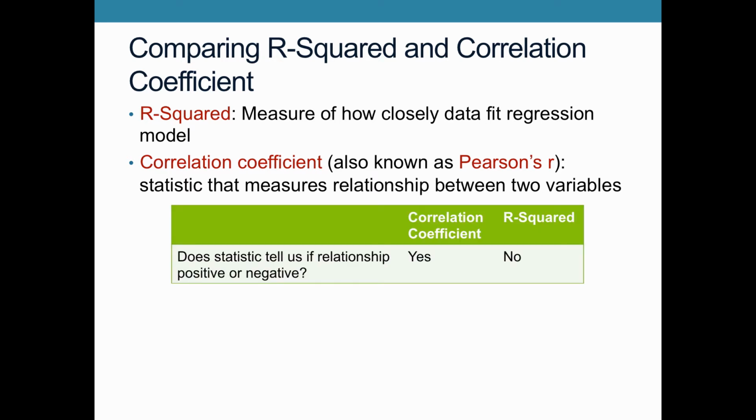So as we compare these two and think about how we'd use them, let's go through a few questions. So first, does the statistic tell us if the relationship is positive or negative? With the correlation coefficient, it does. It varies from -1 to +1. And so that tells us, as x goes up, does y go down, right?